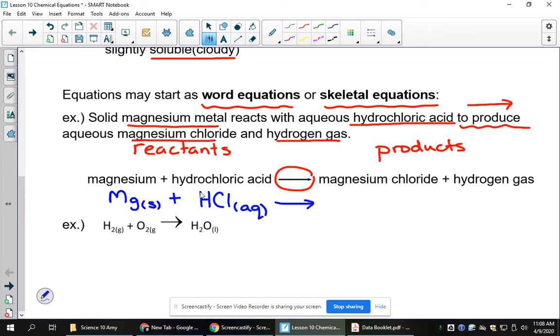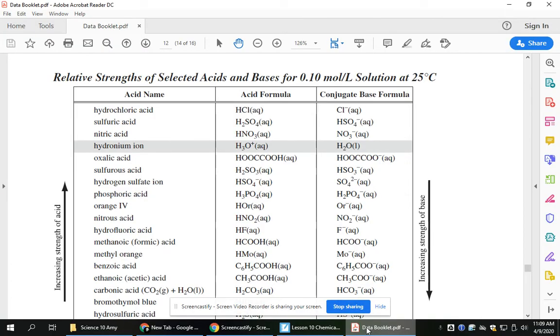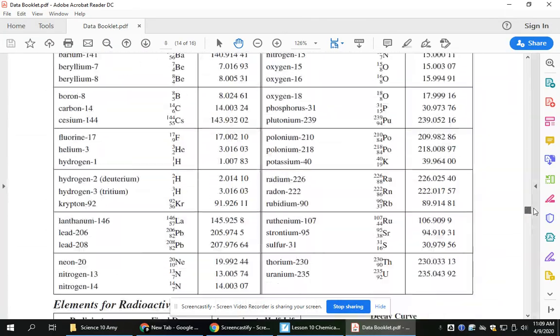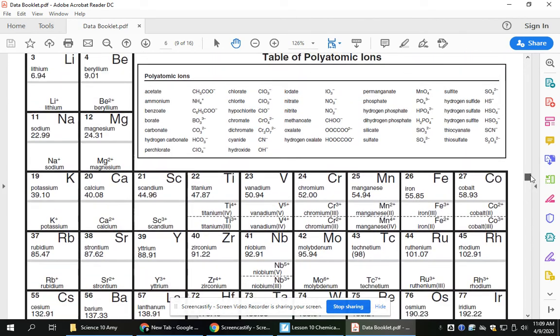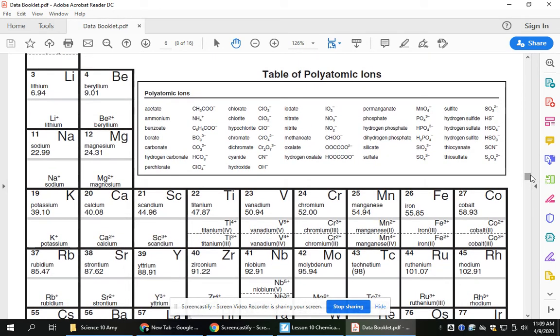Now, magnesium chloride, when you see that ending -ide on chloride, you should immediately think ionic compound. How did I write the chemical formulas for ionic compounds? Well, I wrote down the charges above the words, and I crossed the charges if I needed to. So I need to find the charge for magnesium and the charge for chlorine. Back to my periodic table. The charge for chlorine looks like it's -1, and magnesium is +2.